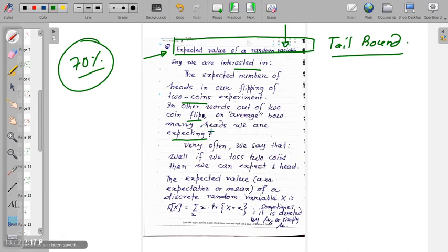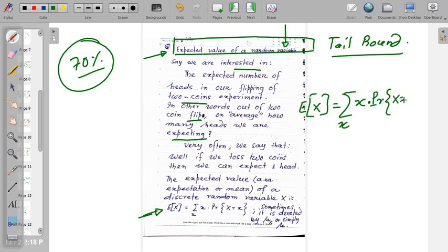The way we define the expectation of x is like this. Expectation of x is summed over all x, where small x, in our example, is 0, 1 or 2, and each value is weighted by the probability of having that value.